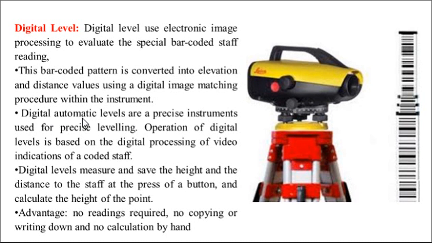Digital automatic levels are precise instruments used for precise leveling, where accuracy is important. In such leveling work we have to use the digital level. Operation of the digital level is based upon the digital processing of video indications of the coded staff. It measures and saves the height and the distance to the staff at the press of a button.